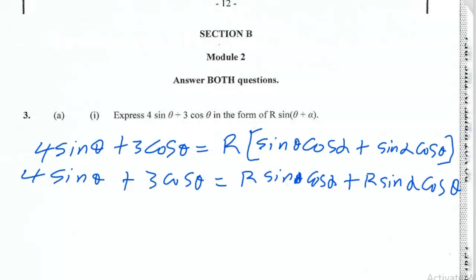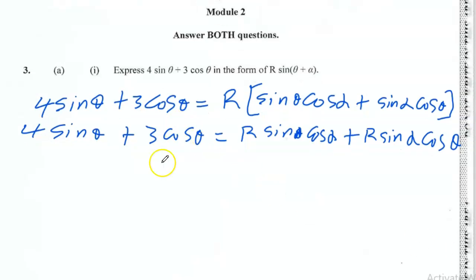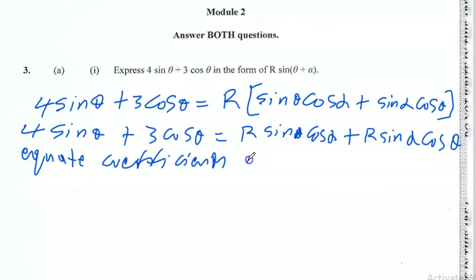And now to get the values of r and alpha, we can equate coefficients of cos theta and sine theta.